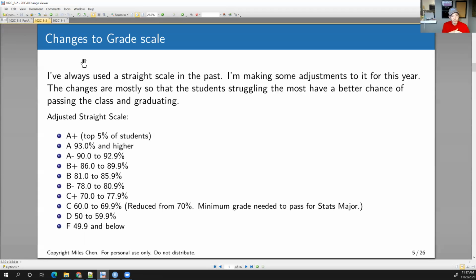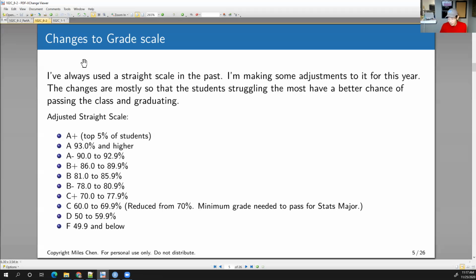I don't want to give them low grades where they have to retake the class, or that prevent them from graduating. So these changes are mostly to help these students get over the edge, so that they can graduate and move on with life.